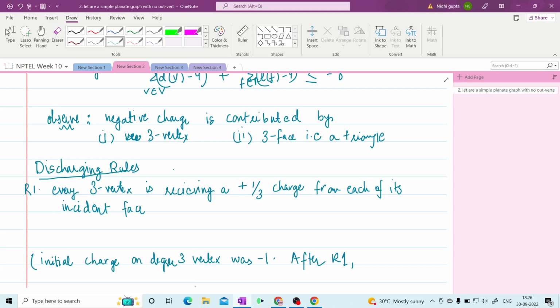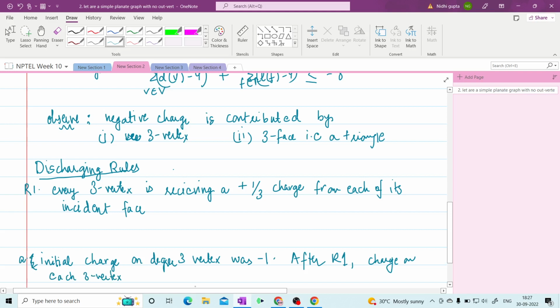And since it is incident to 3 faces, it is receiving +1/3 charge from each of its incident face. So after R1, charge on each 3 vertex is 0. So we have turned our first negative charge into a non-negative charge.